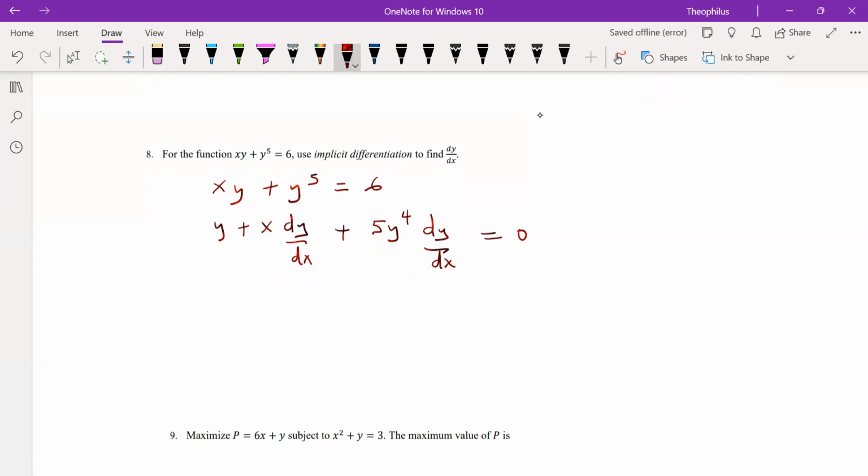So with that, we're going to have x dy dx plus 5y to the power 4 dy dx equal to minus y.